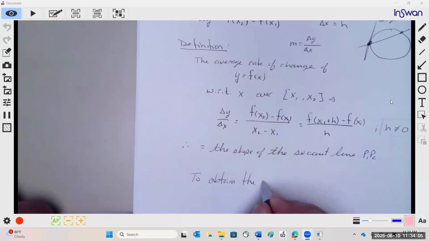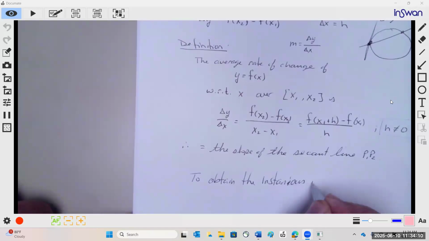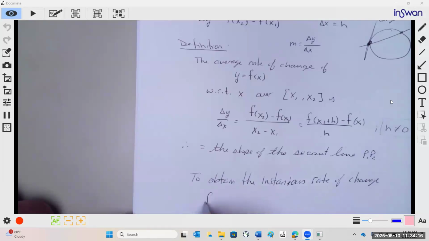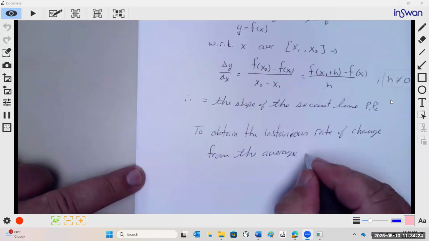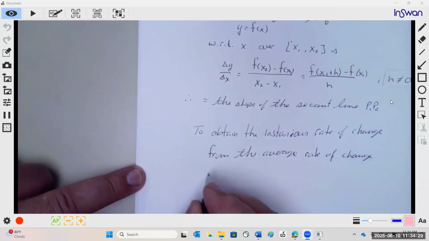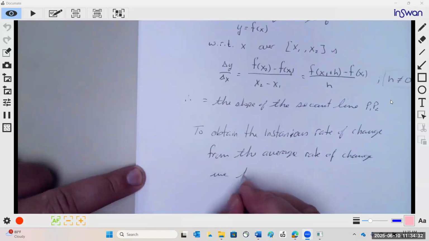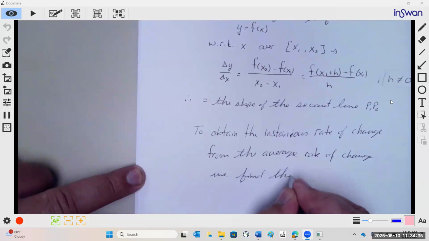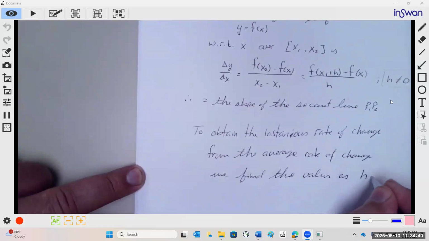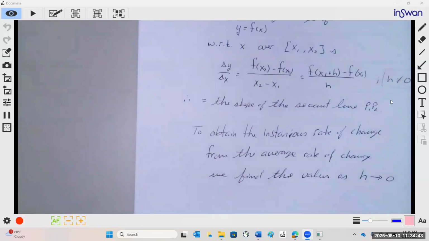To obtain the instantaneous rate of change from the average rate of change, we find the values as h goes to 0.